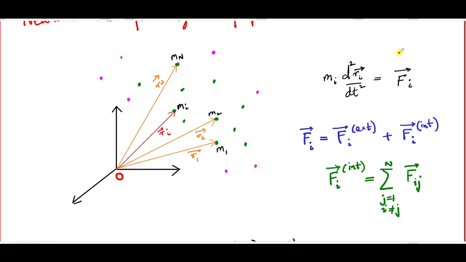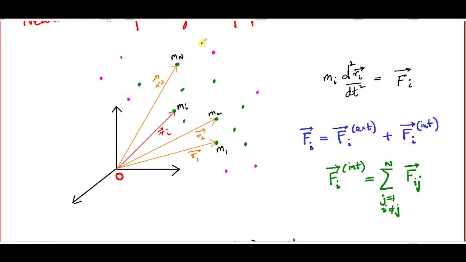This is the total force acting on the ith particle, which can be broken up into 2 pieces, Fi external and Fi internal. Now Fi external, this force, is the force acting on the ith particle whose cause is any particle or particles outside my system.